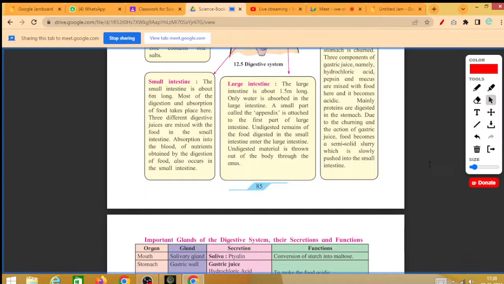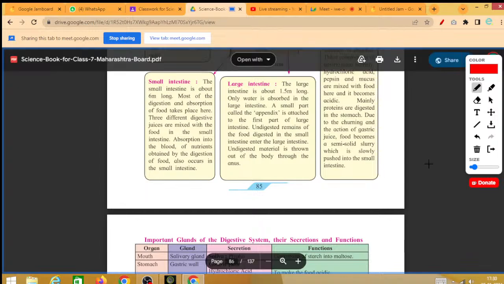Undigested food which is not absorbed in the small intestine goes into the large intestine.